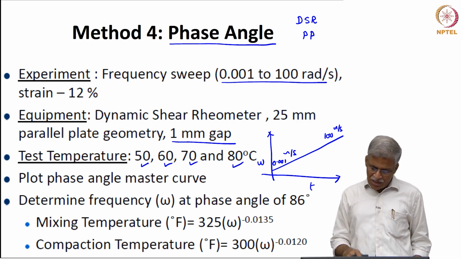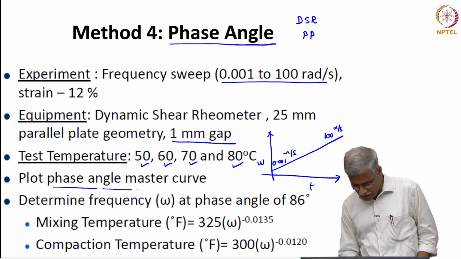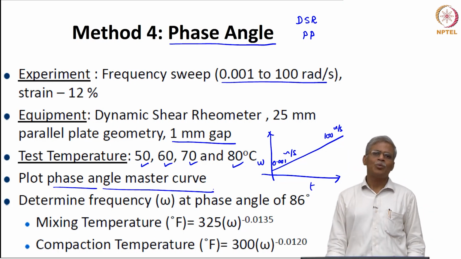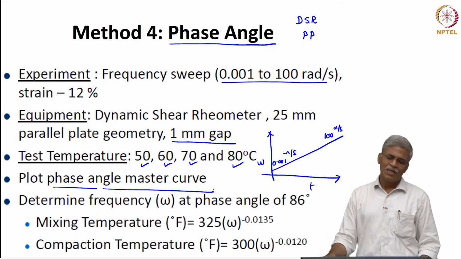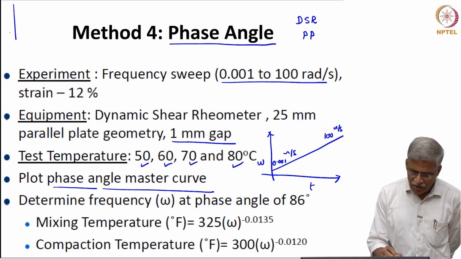and for these temperatures we fit a phase angle master curve, and by this time you should be aware of what exactly a phase angle master curve is. So, how do you think the phase angle master curve will vary as a function of reduced frequency?